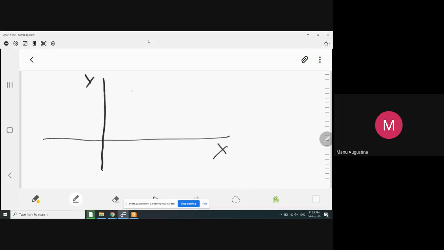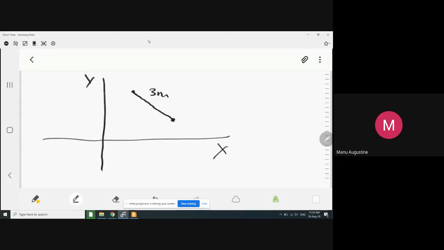There is a line segment that I am drawing, and this line segment is 3 meters in length, and I want to find out the distance of this line from y and the distance of this line from x.